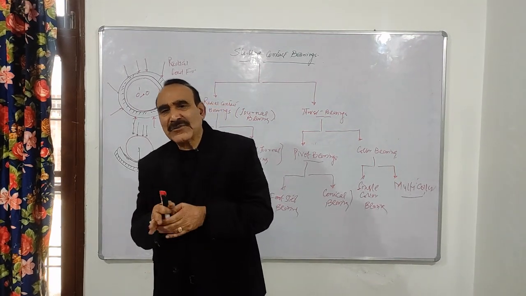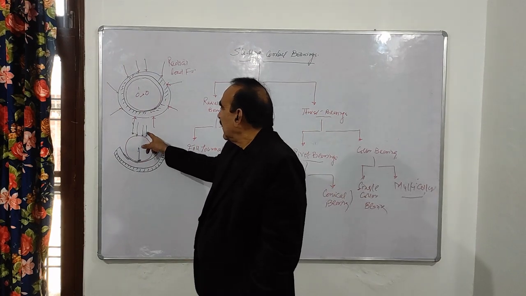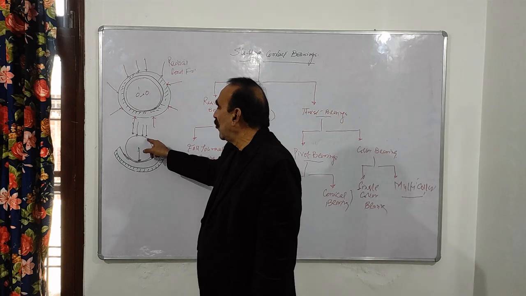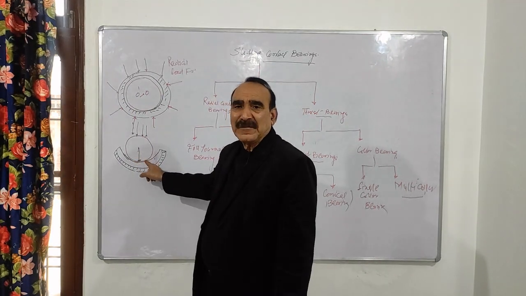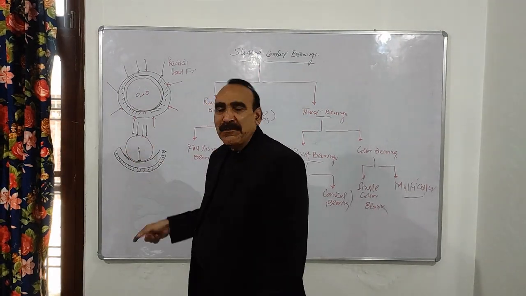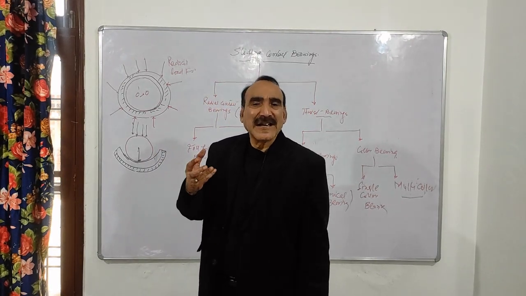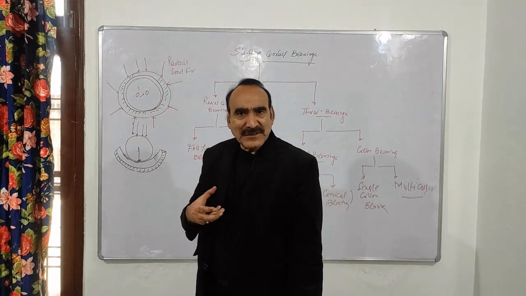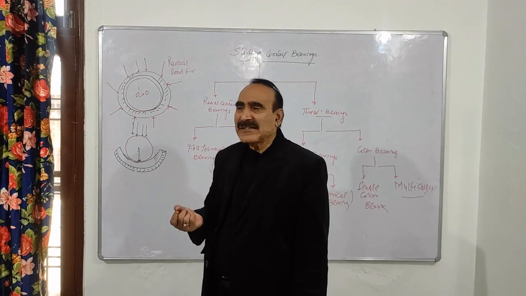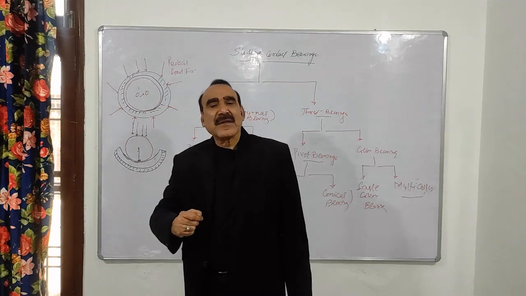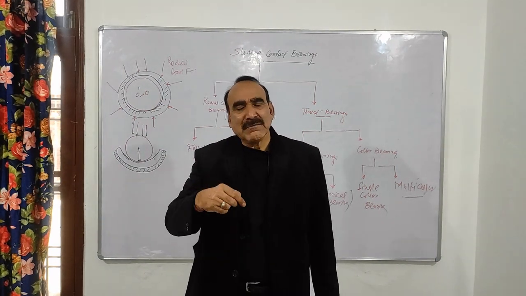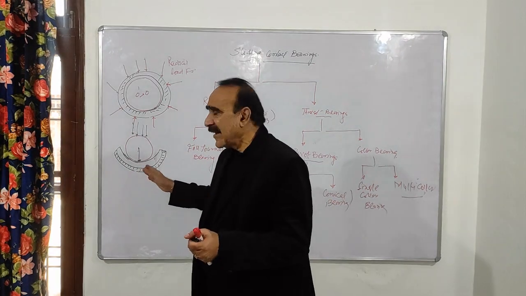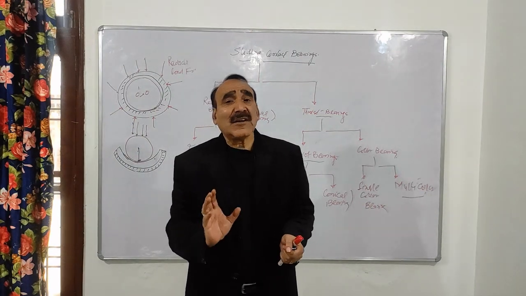And when it will transfer the torque, it means that the direction of the load is not only in one direction, that is at every direction, that is from every side, because the shaft is transferring the torque, and the direction of the radial load is, you can say, 360 degree in every direction. So in this case we require the full journal bearing.